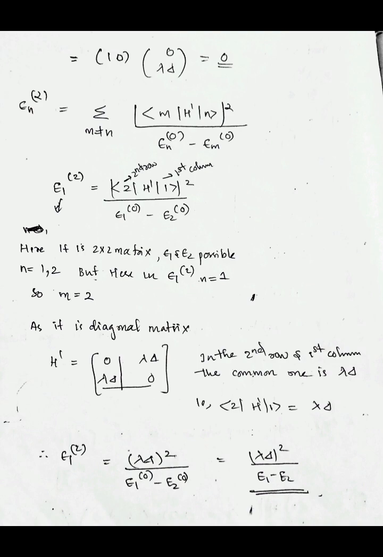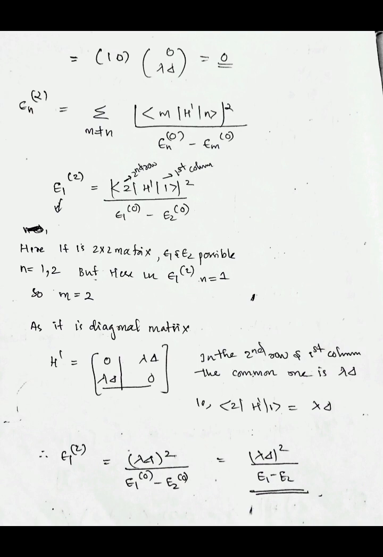And for the second order correction, that means for En2, this is equal to the summation over m not equal to n of |<m|H'|n>|² divided by En0 minus Em0. For n equal to 1, we can write it as E1², and it is given that m is not equal to n. That means here m is equal to 2 and n is equal to 1.